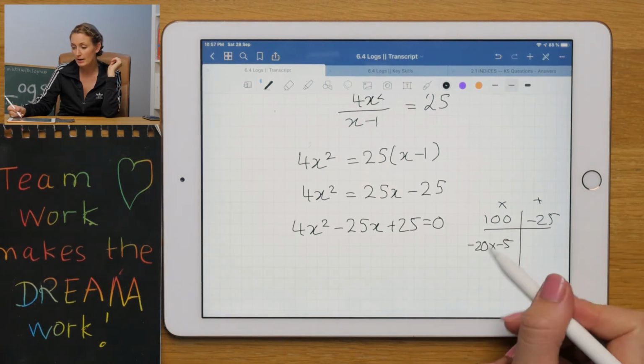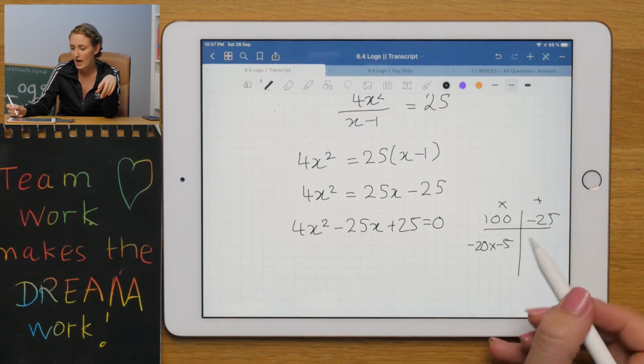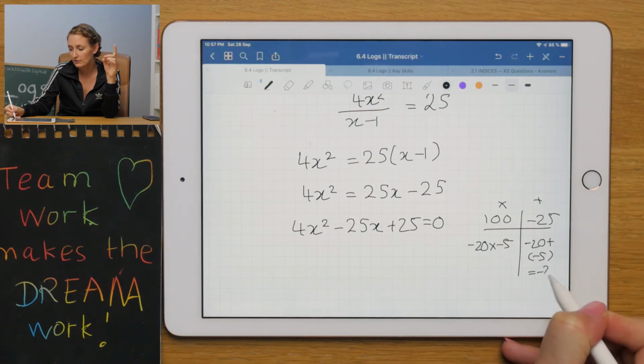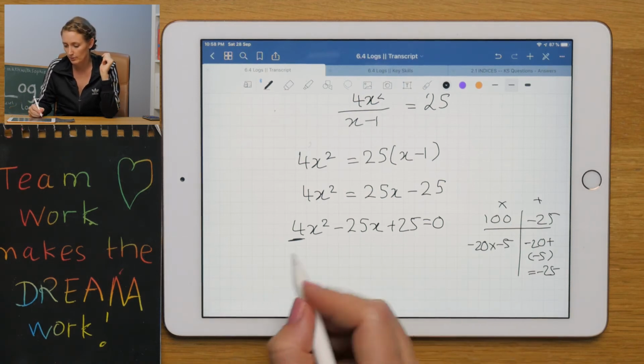You're going to want a double minus because 2 minuses will multiply together to give you 100, and they'll add up to give you a negative number. If you don't remember how to solve your non-monic quadratics, shame on you. Go back and do that again. That's something everyone should know when they arrive at A-level maths, but don't really know, and it's going to cause you a lot of problems.